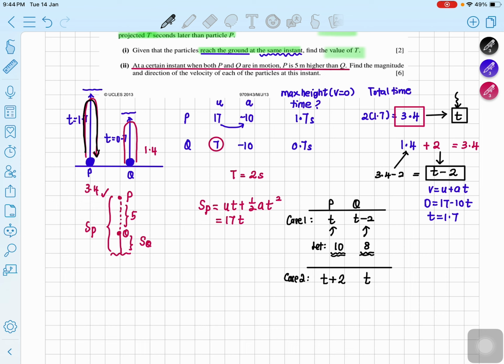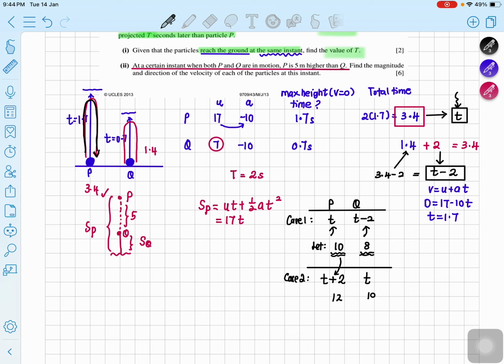Whichever way you are doing, by logic, the time taken by the P must be longer than the Q. You can even try with this. If I take the time for Q as 10, I will get 12 for P. So 12 is greater than 10. Can you see the logic?